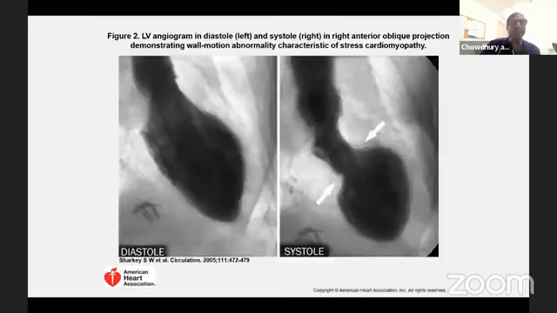Typically these patients have troponin like 2,000, 4,000 in the 5th generation, or 2 or 4 in the 4th generation troponin assay. And you don't see 50,000 or 50 or 100 in the 4th generation, because when you see that massive troponin, it is usually not stress cardiomyopathy.